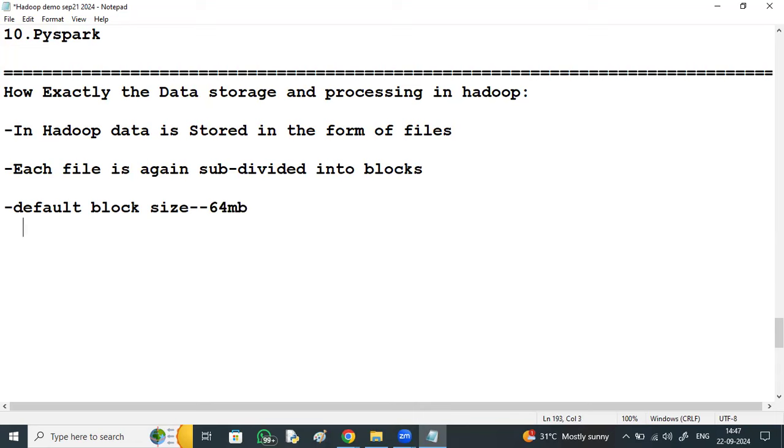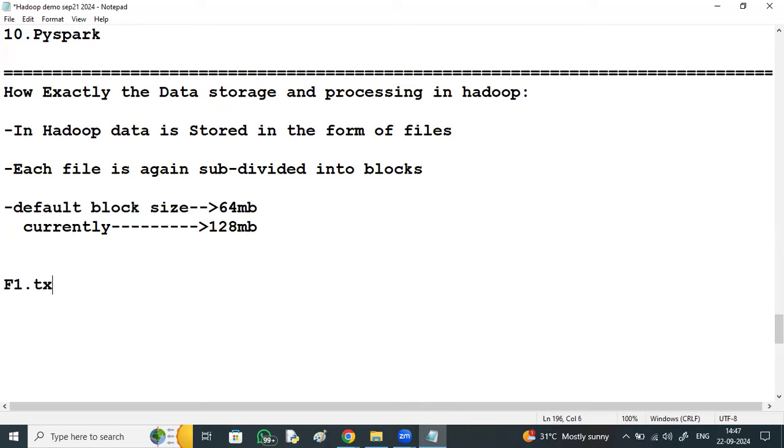Currently, in the latest versions, it is 128 MB as the default block size, whereas previously it was 64 MB. For example, I've got a file f1.txt.